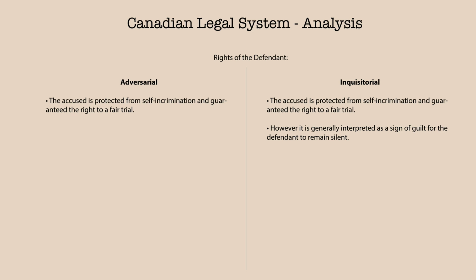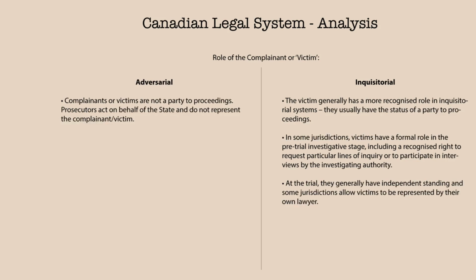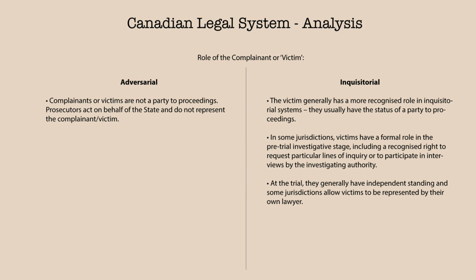With the role of the complainant or the victim in the adversarial system, complainants or victims are not a party to proceedings, and prosecutors act on behalf of the state and do not represent the complainant or victim. In the inquisitorial system, the victim generally has a more recognized role.